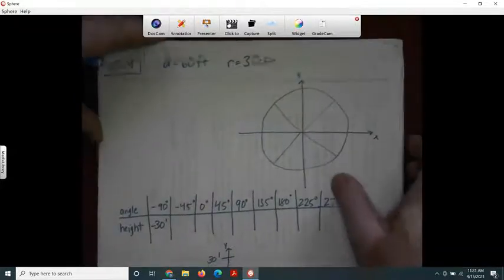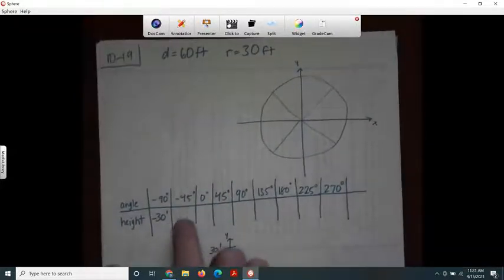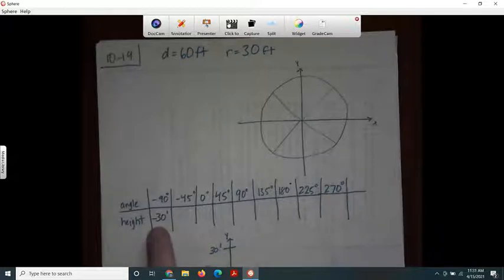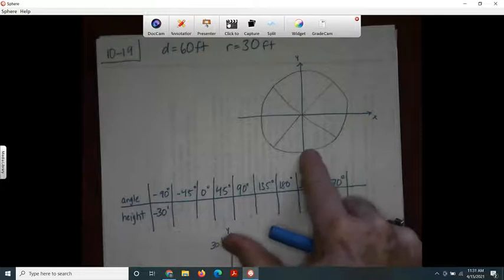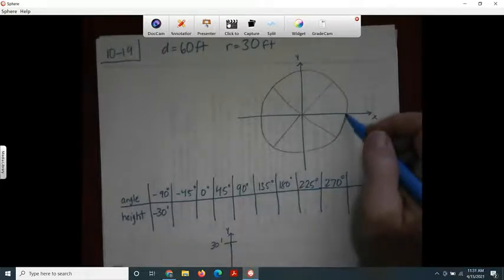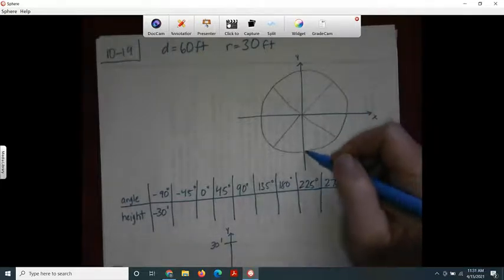So let's go ahead and see if we can fill out the table. We're trying to find the height. Okay, so they already started at -90 degrees. So -90 means you're opening an angle down this way in a clockwise direction instead of counterclockwise from the x-axis.